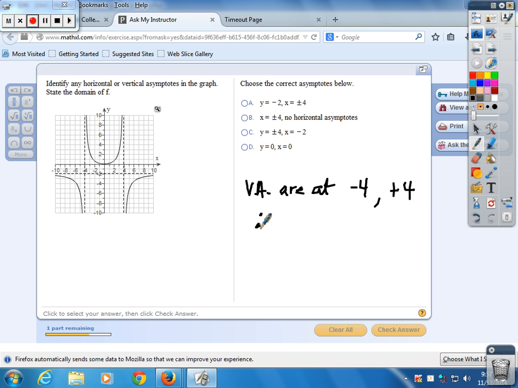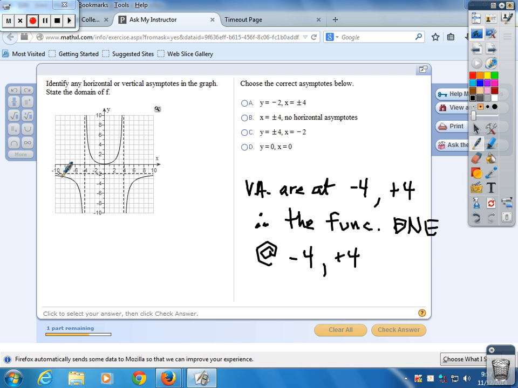Therefore, the function does not exist at -4 and +4. Therefore, you can't use 4 and -4.